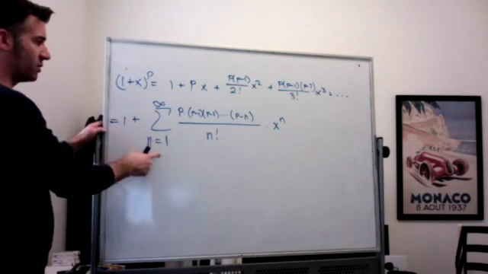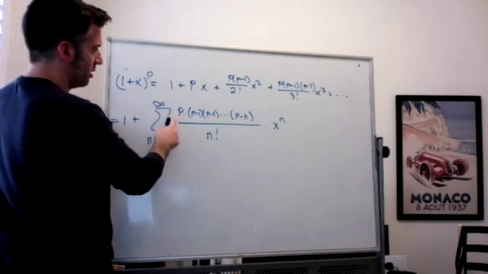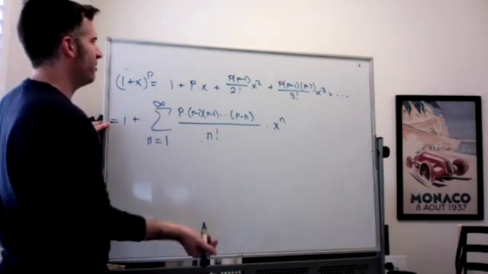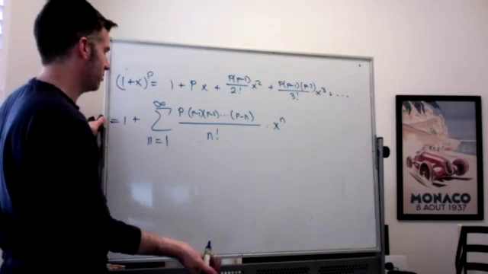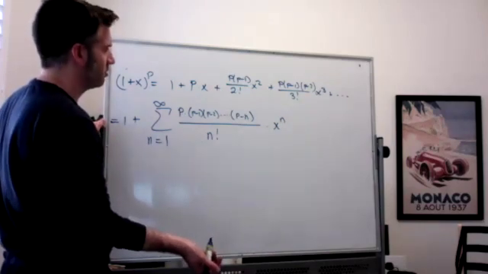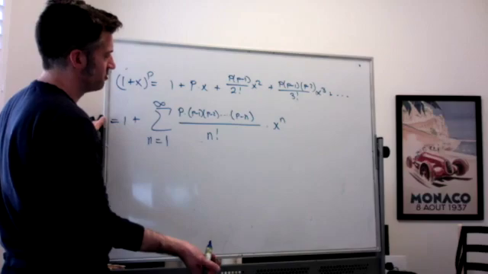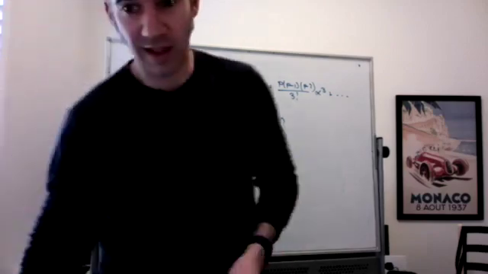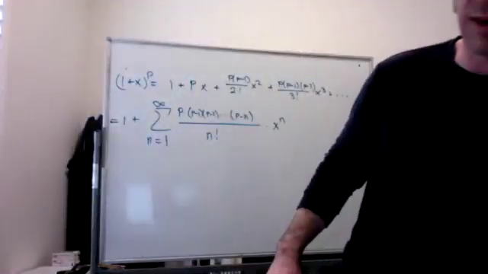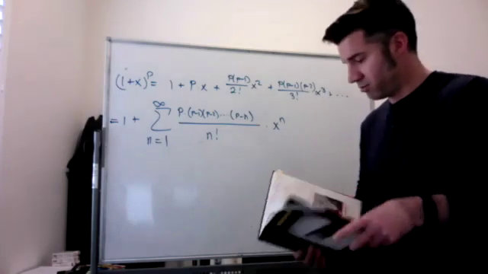So when n equals 1, you get p. I feel like I've done this stupidly somehow. Let me look up the formula just so I don't make it really dumb.